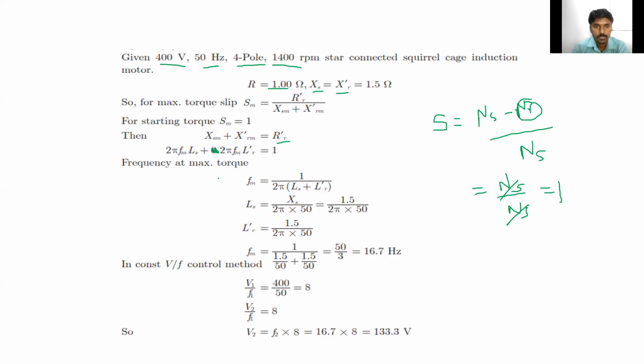Here fm is the frequency at maximum torque, because all parameters are written with respect to maximum torque. So fm is equal to 1 by 2 pi into Ls plus Lr dash.